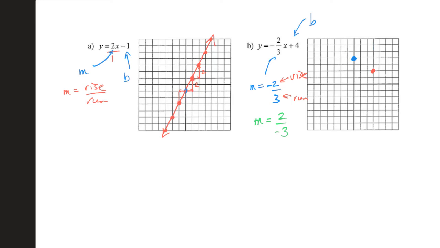Now go up 2 and over 3. I have to go backwards because my run would now be negative. Okay, I don't have to draw those arrows anymore. And instead, we can just move according to units. And notice that those 3 points all line up.